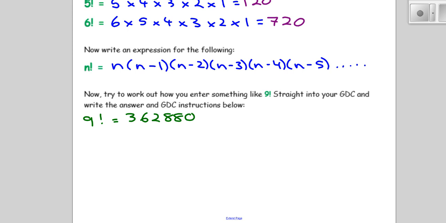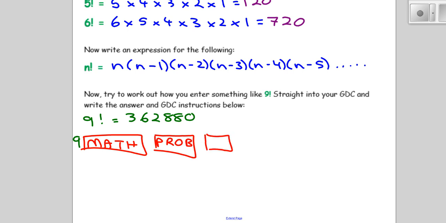It seems the board's frozen on me. Oh, you would have to enter 9 first too, don't you? I forgot that. 9, then math, scroll, and then that thing.